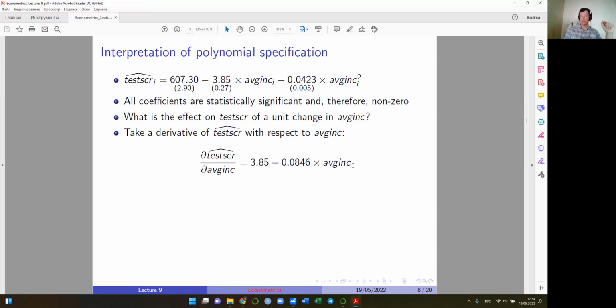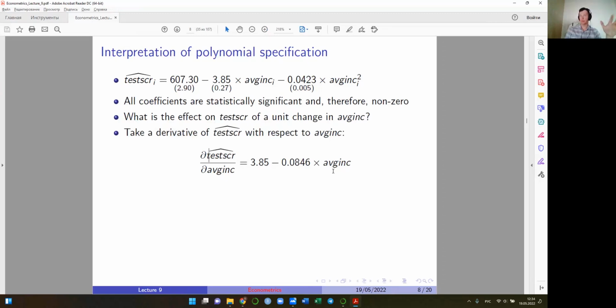And look what we see. We see that the higher the average income is, the smaller is the effect of a unit change in income on the test score. If average income is low, this change is going to be large.